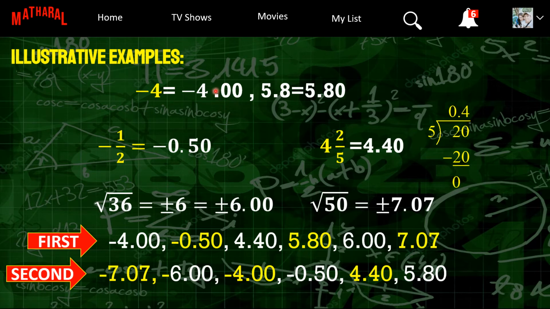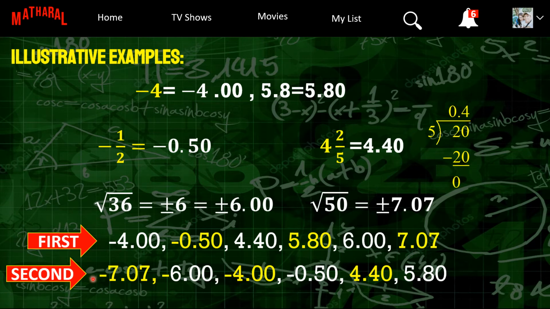So we have here negative 4.00 and negative 0.50. When we read or hear increasing, sa pag-arrange po ng numbers relative to increasing, magmumula po tayo sa mababa, paitaas. Okay, so ganito po ang gagawin.